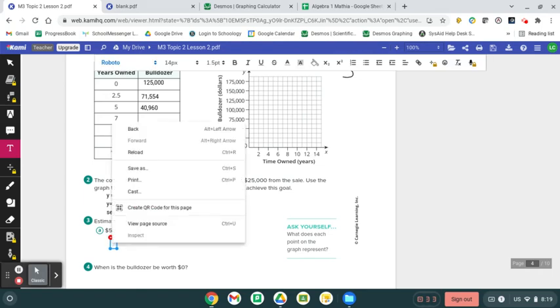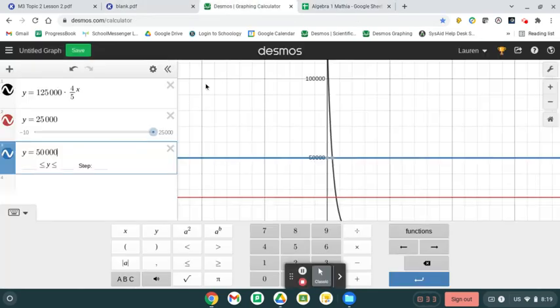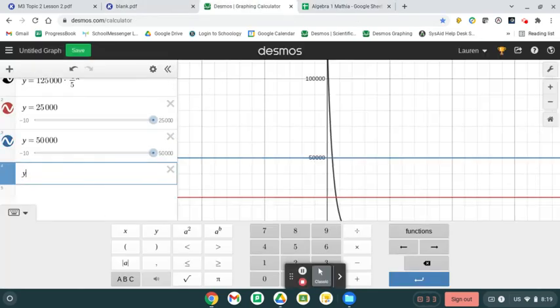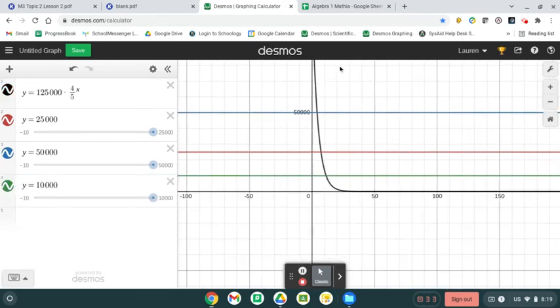So x equals 4 years on that one. And then we could do y equals 10,000. And that's this line, and that's about 11 years.